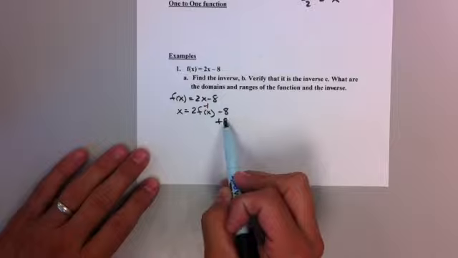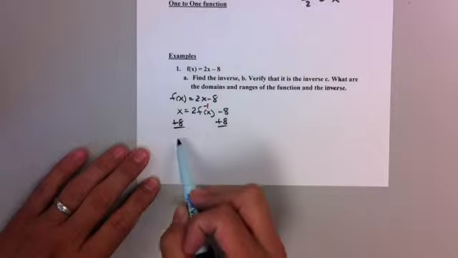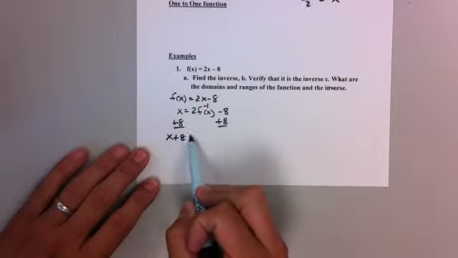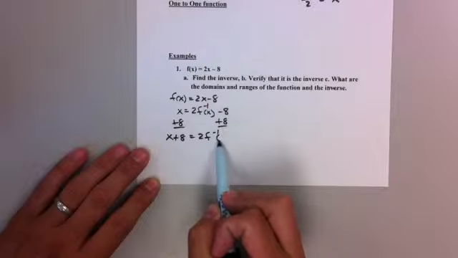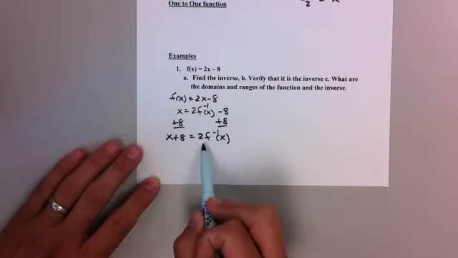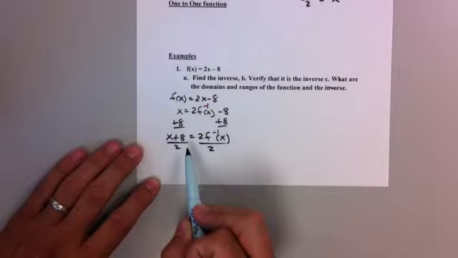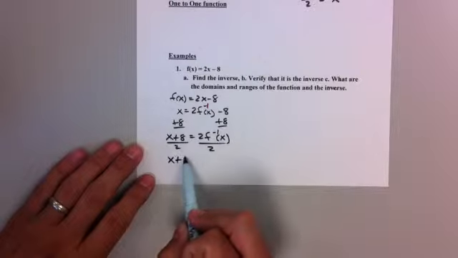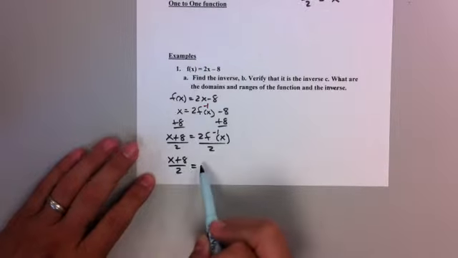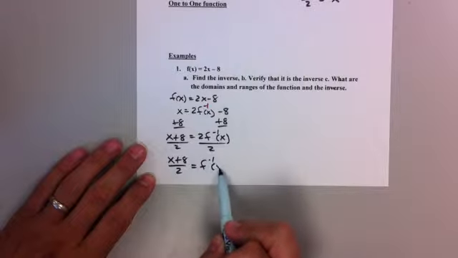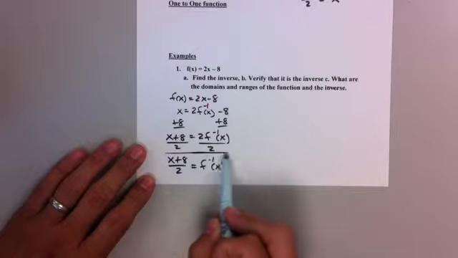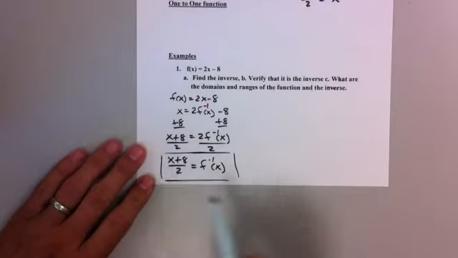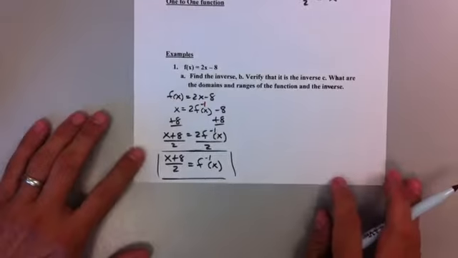So I'm going to add 8. So x plus 8 equals 2 times this, divided by 2. So I get x plus 8 over 2 equals the inverse of f of x. Okay, there's A. I just found the inverse.